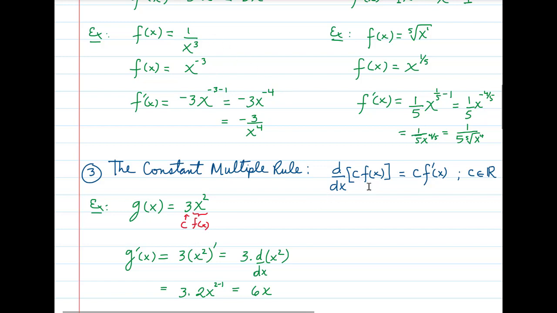So applying this multiple rule, it says I can bring the constant out and multiply it times the derivative of that x squared function. So doing that, we have 3 times the derivative of x squared. We already know how to do that, and that is 2x. We multiply the 2 times the 3 to get 6x.